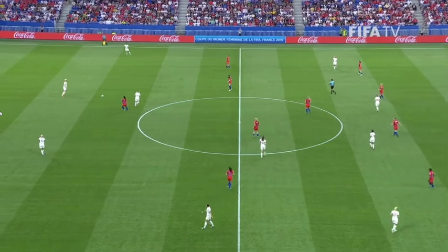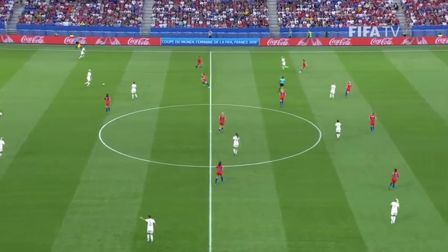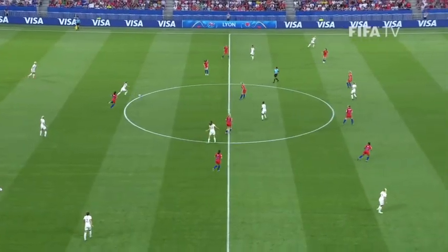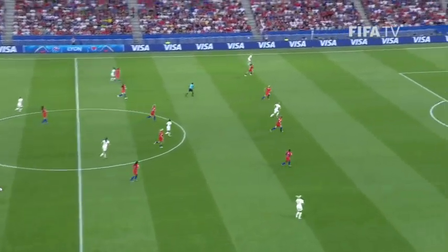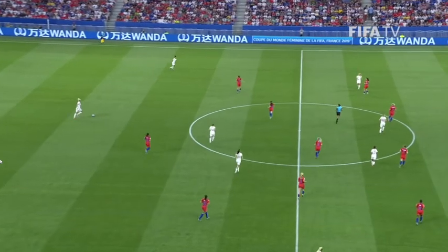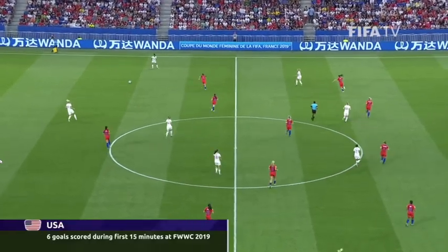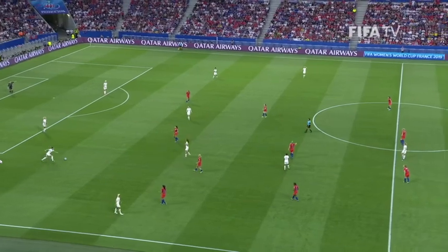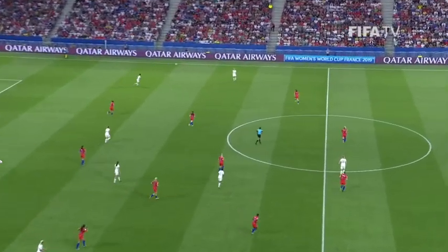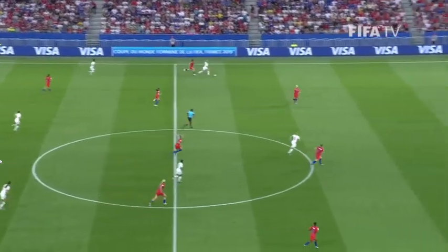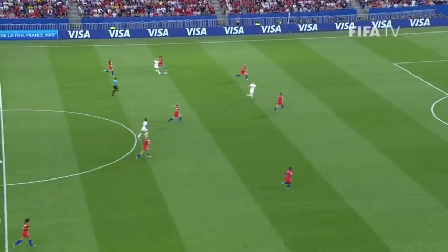Bright. Here's Kira Walsh. This is Mead. Lucy Bronze firing it away to Beth Mead. Mead now, being chased by O'Hara.